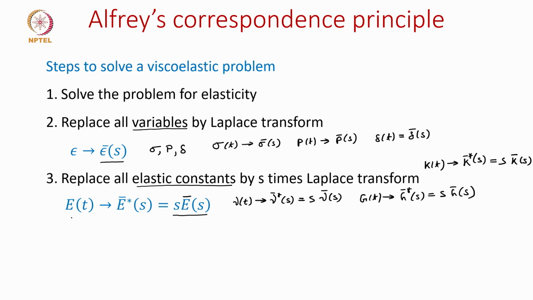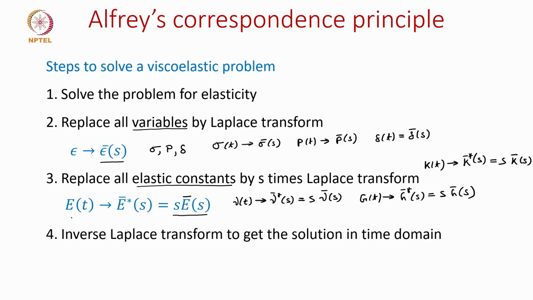Once we have replaced the variables and the elastic constants, that is when we go from the Laplace domain back to the time domain. So, we apply the inverse Laplace transform to get the solution in the time domain. Once we are in the time domain, that is when we get the solution to the viscoelastic problem.